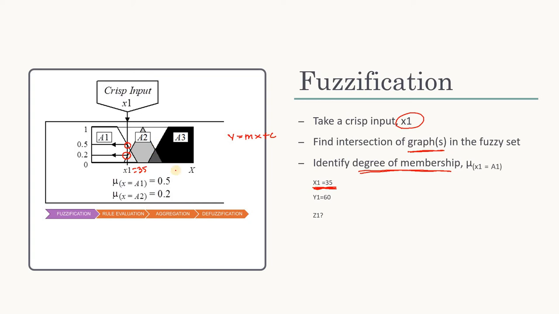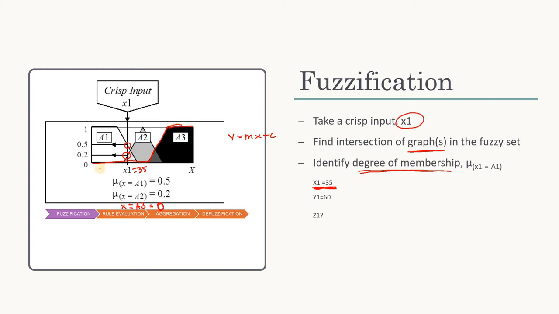Let us discuss where the intersection of our x equal to 35 with a3 would be. Is there any intersection? Yes, there is an intersection, and it is at 0, because if you take a look at a3 here, the graph is like this.